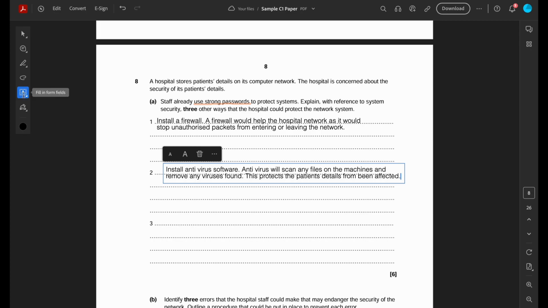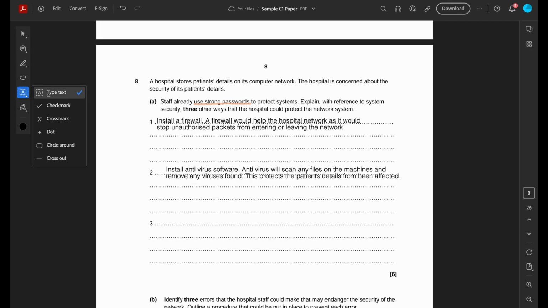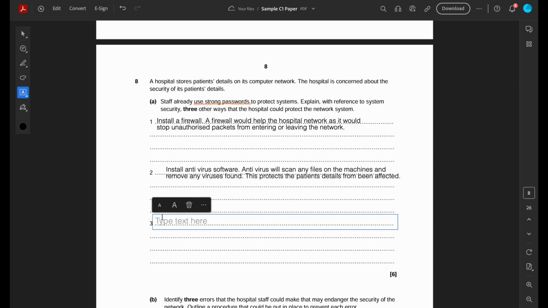And then I've got to give another reason. Now it says system security, so sometimes with these kinds of questions, you've got to think about what system security is. Well, if I start talking about installing physical security, it doesn't really apply as well in this situation. So I could talk about installing biometrics to help improve authentication.